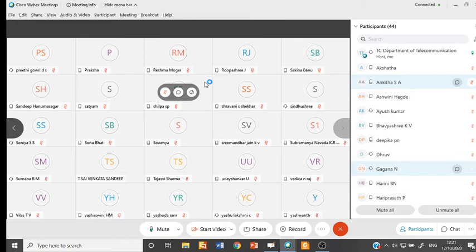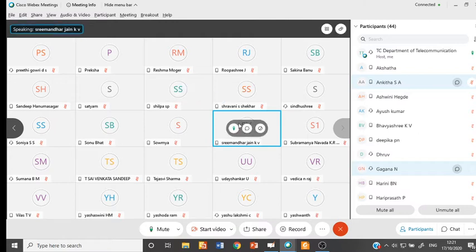Sandeep, any doubt? Yes, sir. Any doubt in this integral? No, sir. Are you doing now? Yes, sir. Doing. Srimandar? Sir? Understood the convolution integral? Yes, sir. Understood.